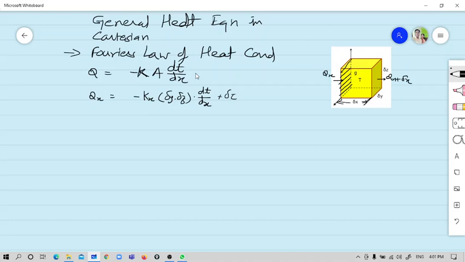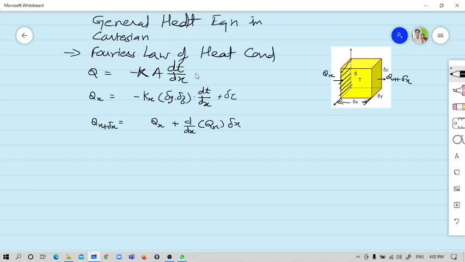Now similarly, once you know this value of qx, you can find out qx plus delta x also. For this qx plus delta x, we will have to make use of Taylor's expansion, which is given by this formula. This will be qx plus d by dx of qx into delta x, isn't it? So this is the formula for Taylor's expansion.